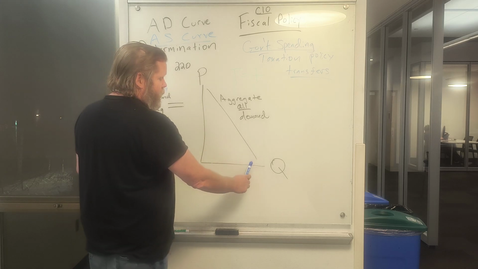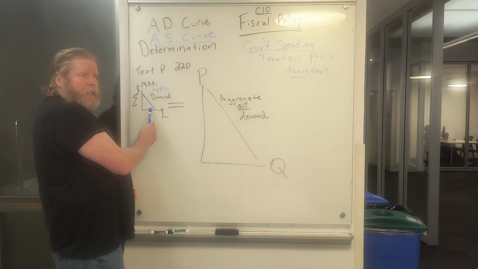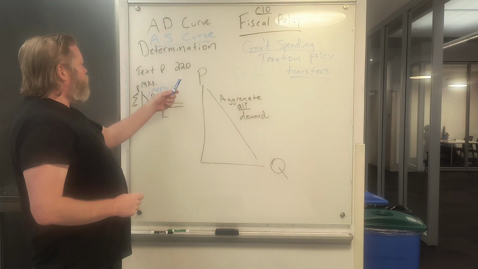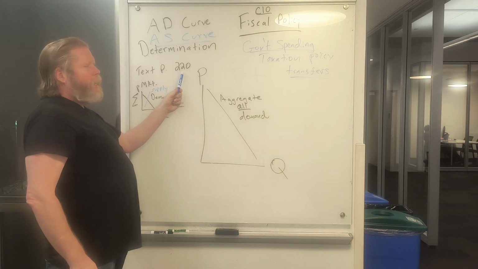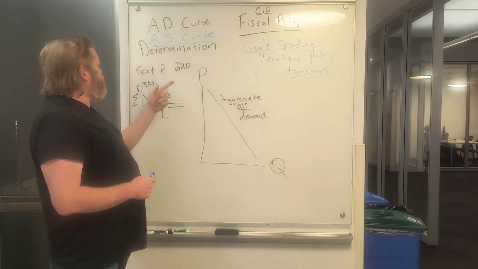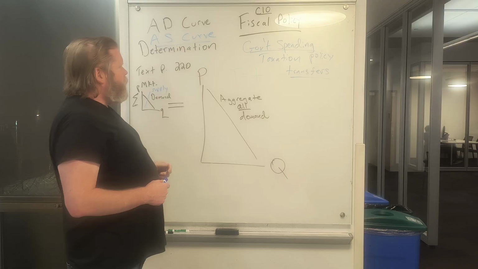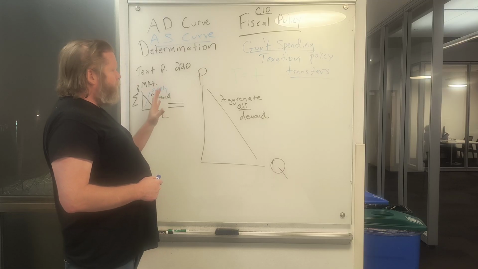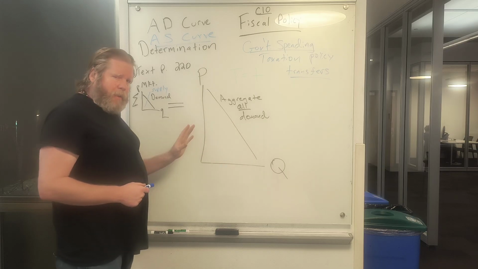It's not the same reason as for these, but that's kind of outside of what we need to know right now. So if you're curious about that, it's page 220 through 222 in the text, I think. They'll tell you about it. Okay, so this is our aggregate demand curve, demand for everything in the economy.